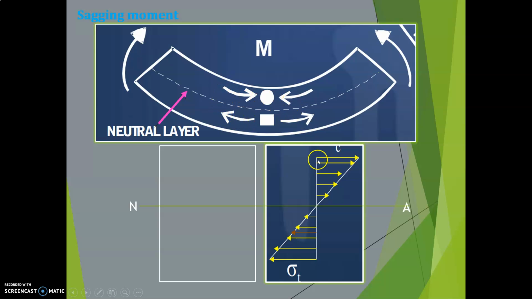This is a rectangular section of the beam, and the stresses are developed in this direction. The top is subjected to sigma C, that is compression, and the bottom layer is subjected to tension, so the stresses developed are tensile stresses, sigma T.